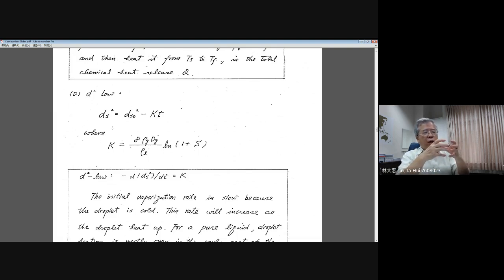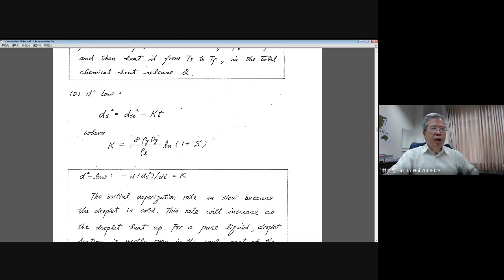That means the droplet surface area is linearly decreased with respect to time. And there is a constant, the so-called K. This is the evaporation constant, and K is equal to A times rho G dG. Rho G means the density of the gas phase, and dG is the diffusivity in the gas phase, and rho L represents the liquid density.